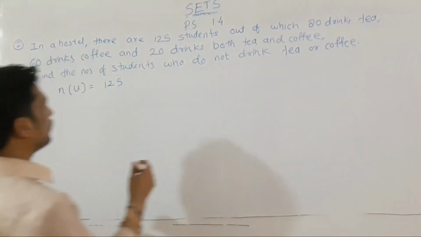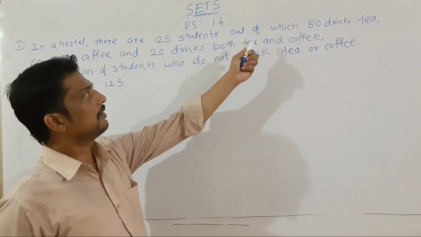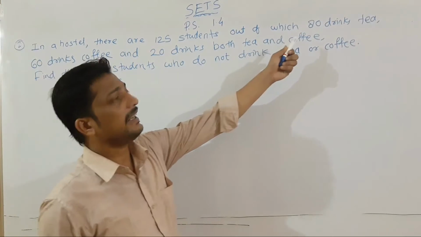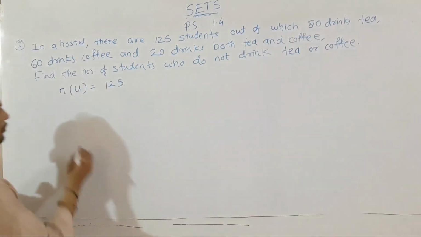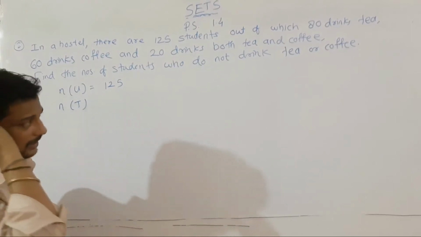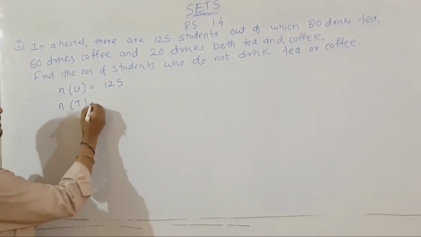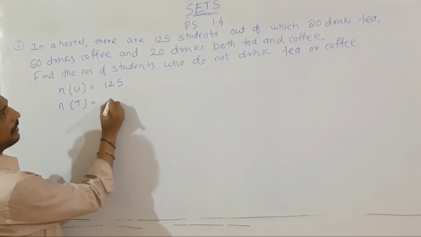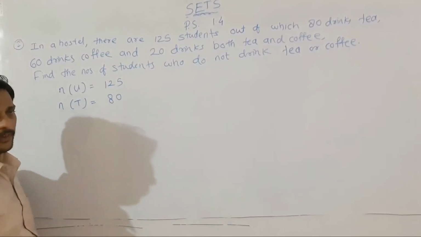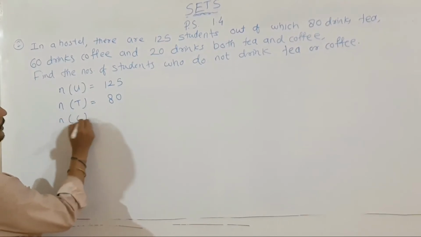Now, they have given me the students, out of which 80 drink tea. So, I will write capital T for tea. The number of students drinking tea, n of T, is 80. Then, the number of students who drink coffee.